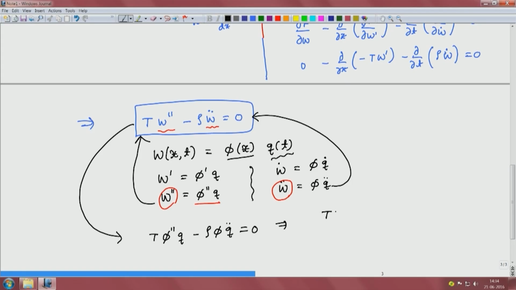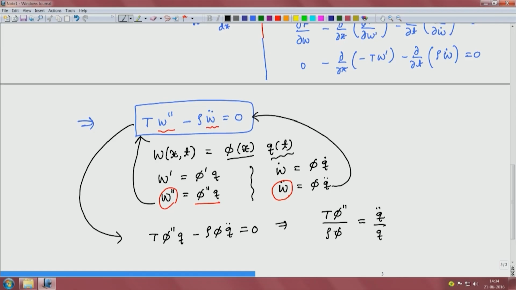So, we get T φ double prime divided by ρ φ equal to q double dot by q. We basically from here arrange them so that things that depend on time are taken to the right hand side, that is q and q double dot are the ones that depend on time.